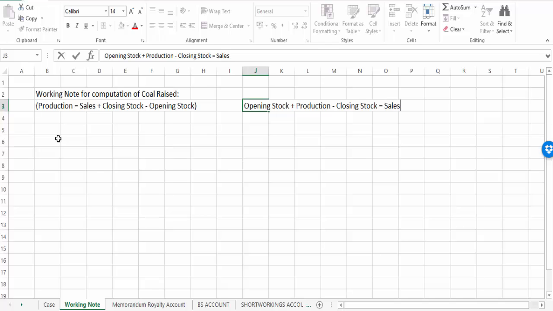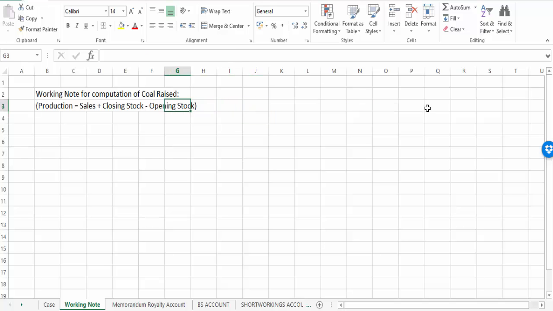It was this equation which got rewritten. Production is retained, closing stock transferred to the right hand side, so minus becomes plus, and opening stock transferred to the right hand side, plus becoming minus. That's how we have this formula: production is equal to sales plus closing stock minus opening stock.